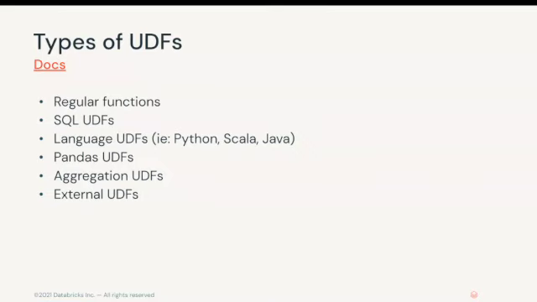There are UDFs that you can do in Pandas. There's a different type of UDFs, which are aggregation UDFs, which we'll get into. And then this external UDF, the last thing, is how you can bring external code from somewhere else, whether it's in a jar file or some other supported format, and wrap that and use that in your Databricks day to day.